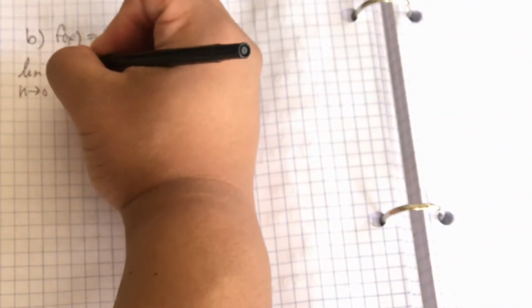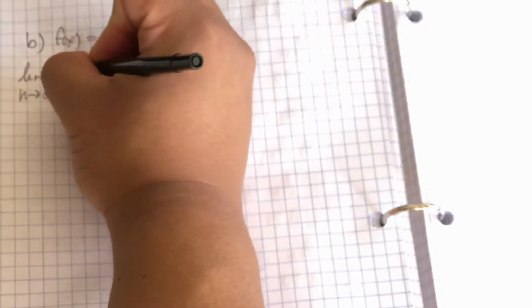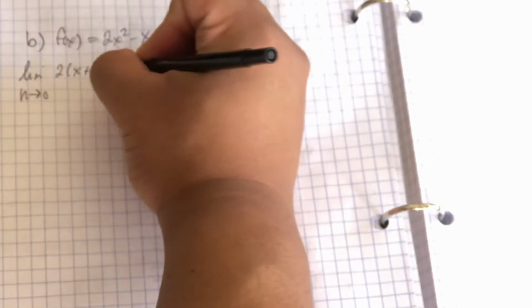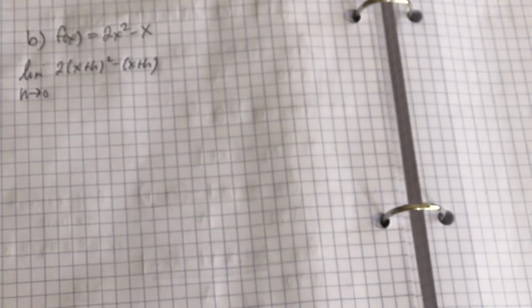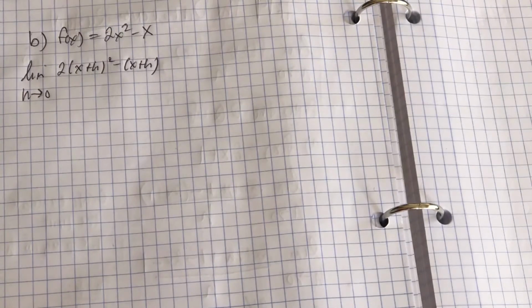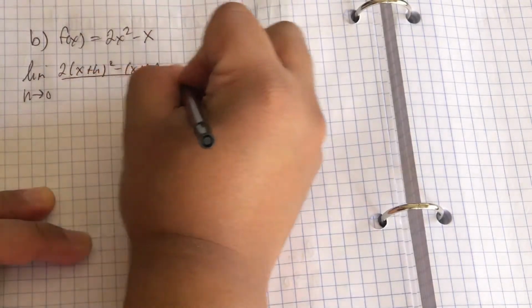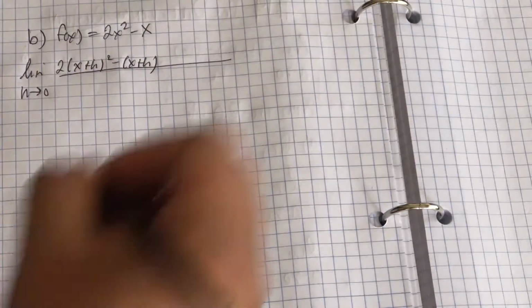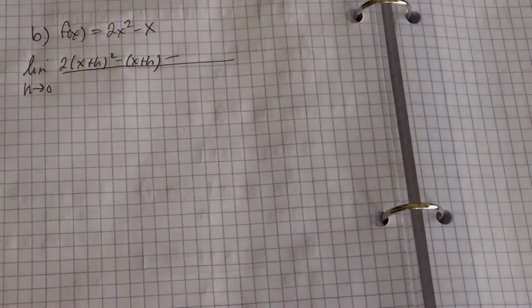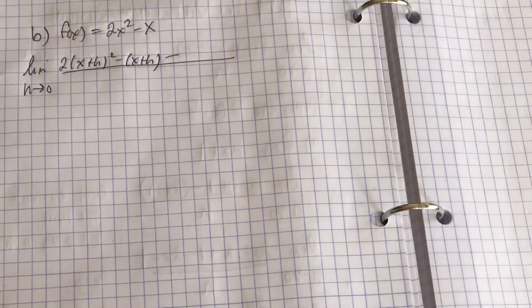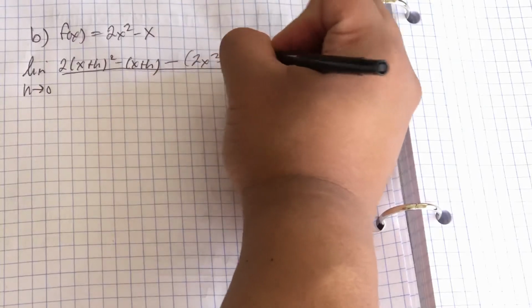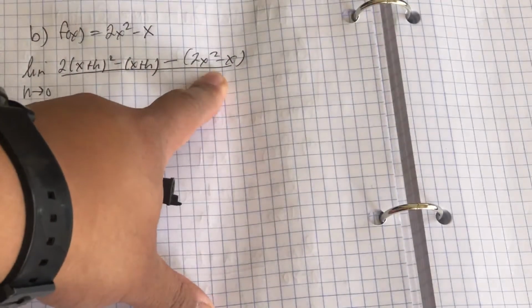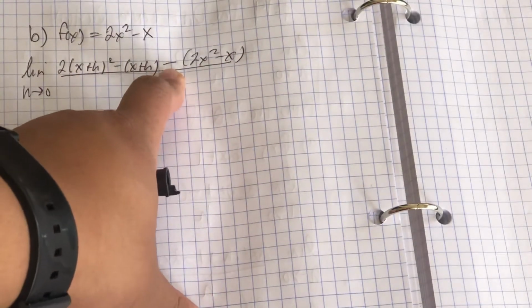We get the limit of 2 parentheses x plus h squared minus parentheses x plus h, all over h, minus f of x, which is just 2x squared minus x.